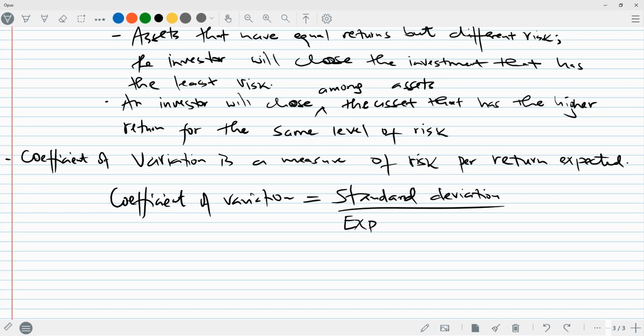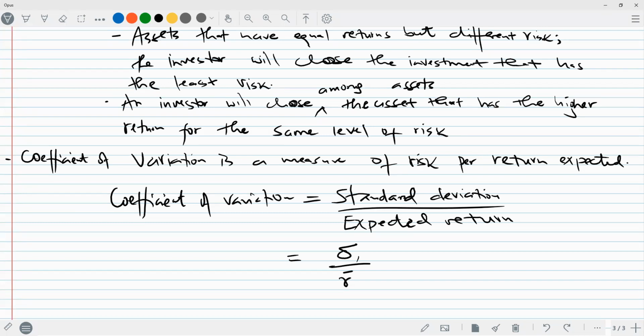Therefore, standard deviation divided by the mean return. The mean return can be mu, or it can be R bar. And that's called the coefficient of variation.